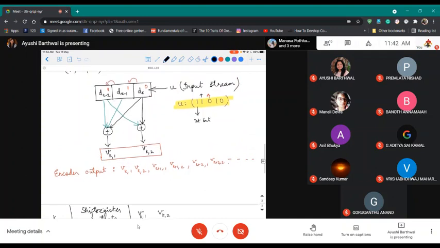Now again, the new bit will come, which is 1. So 1 will be here. This 0 will come here and this 1 will be shifted here. So I'm removing the past bits. So the new contents of the shift register will become 101.